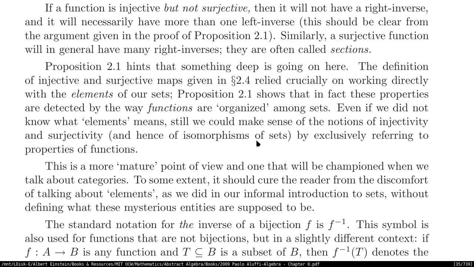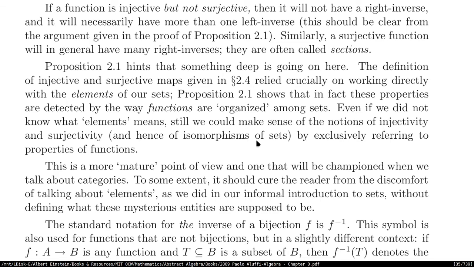Right? So this proposition that we just saw, about left inverses with injectivity and right inverses with surjectivity, allows us to know about the properties of functions even if we don't know what's happening at the elementary level, like what element is mapped to which element.